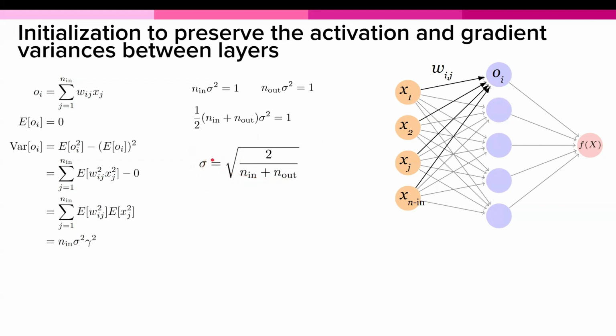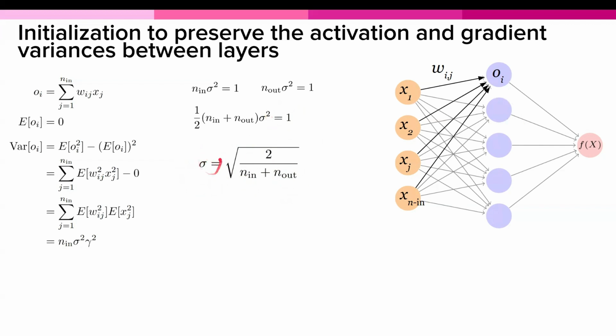If we want both of these to equal one, then the variance is going to be 2 over the sum of the number of inputs and the number of outputs.